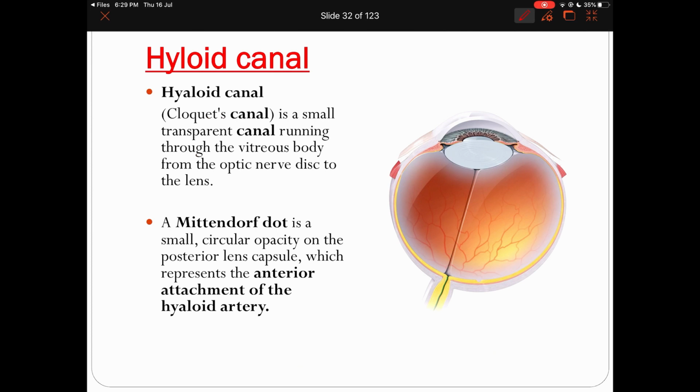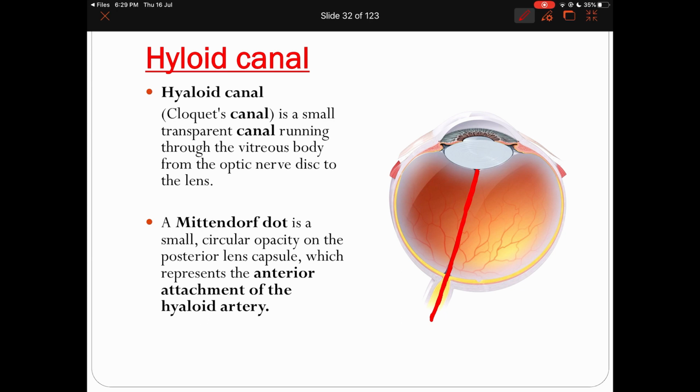Now, this was the central artery of retina. At the time of development, it was running through the vitreous and reached up to the posterior pole, meaning the posterior capsule of the lens, because the avascular capsule and epithelium of the lens get nutrition from aqueous humor. That is why the blood has been made to disappear from here.